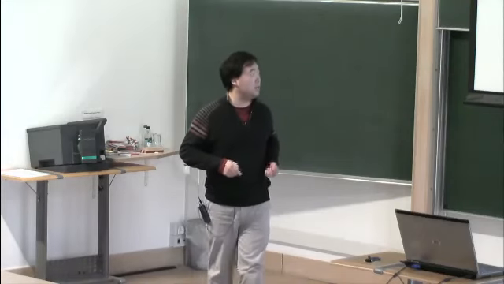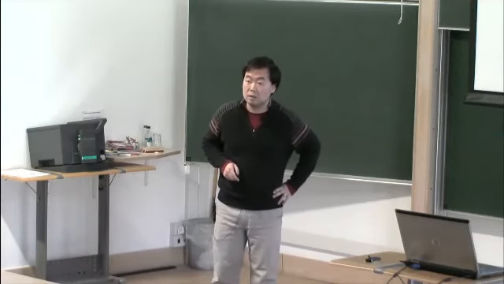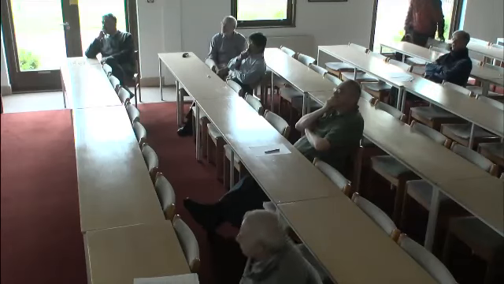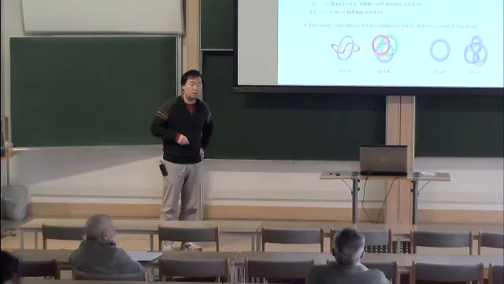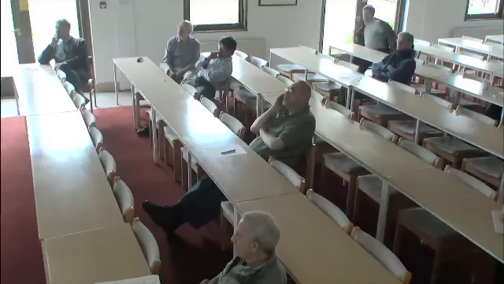However, sometimes linking numbers. Could I ask something? The link is a discrete subset, and helicity is defined as an integral over the volume. What is the helicity of a link? The helicity is defined as an integral right there. And how have you defined it on a small subset of the domain?